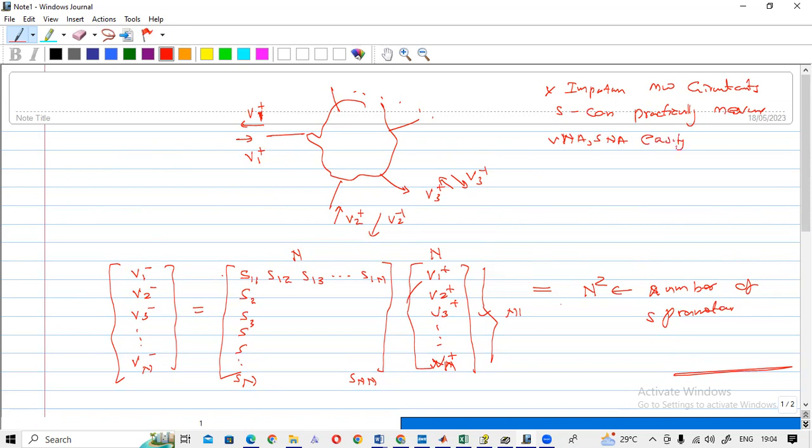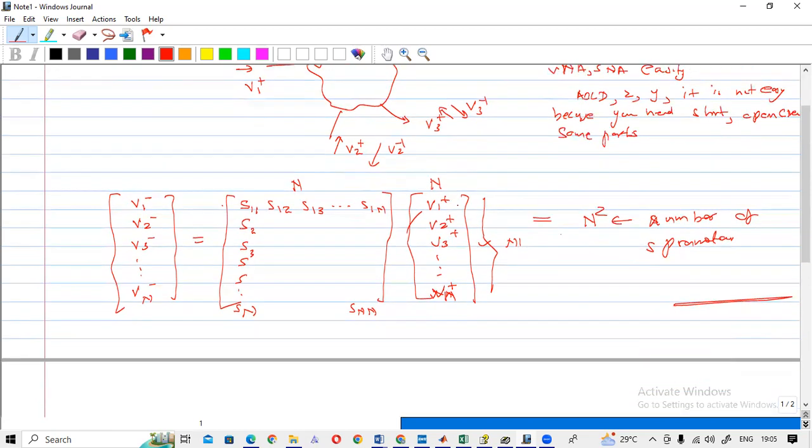But if you want to find the A, B, C, D, Z or Y parameter, or other parameters, it is not easy, because you need to short or open circuit the port, keep short circuit or open circuit some ports when you are measuring. So it is hard. So this thing you should understand.